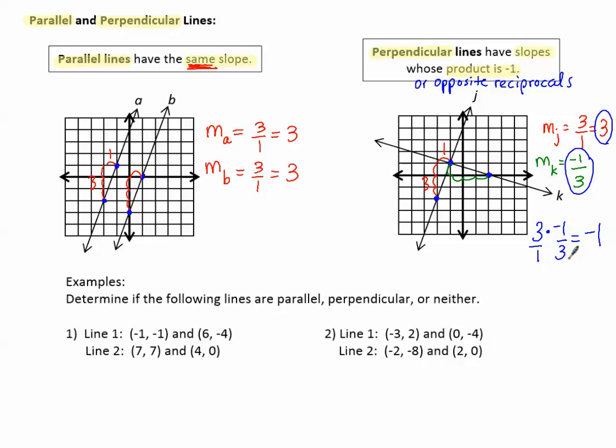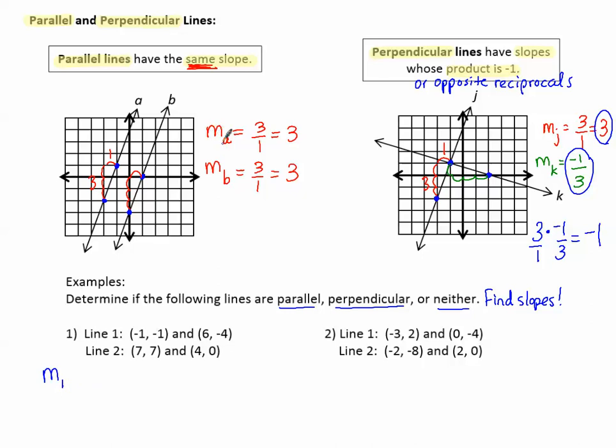Let's practice these examples. Determine if the following lines are parallel, perpendicular, or neither. I need to find the slopes for this. So that's what we will do. Find the slopes. Line 1. I'm going to indicate that I'm finding the slope of line 1, kind of like how I did here.